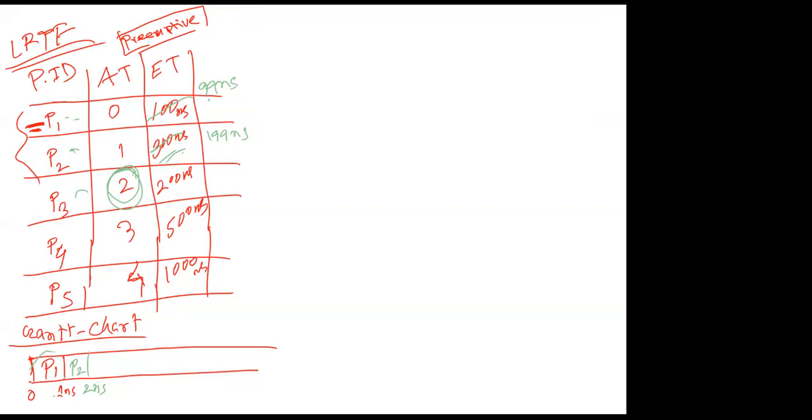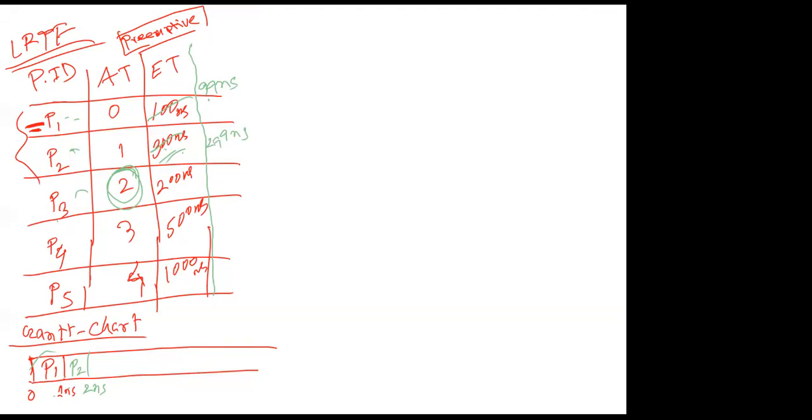P2 needs 300 nanoseconds, not 200. It executed for 1 nanosecond, so it still needs 299 nanoseconds.